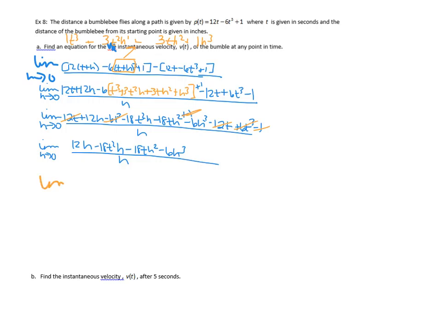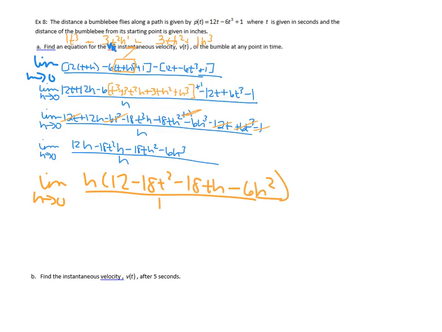Okay. So now I have my limit as h approaches 0. I'm going to factor out an h: 12 minus 18t squared minus 18th minus 6h squared over h.